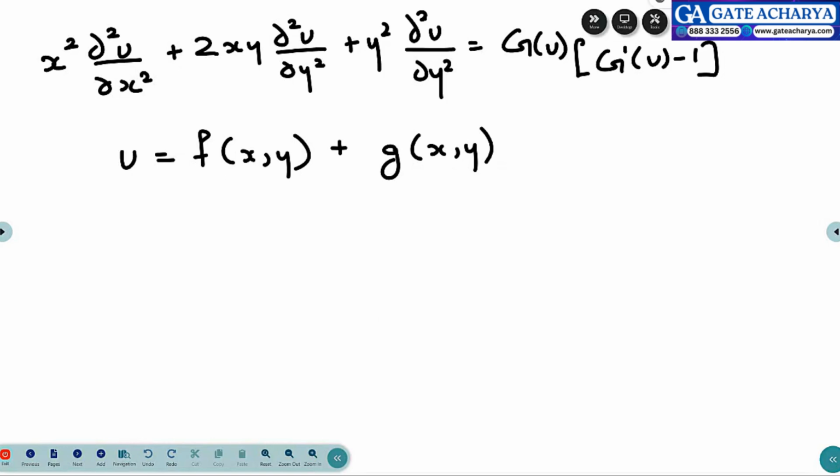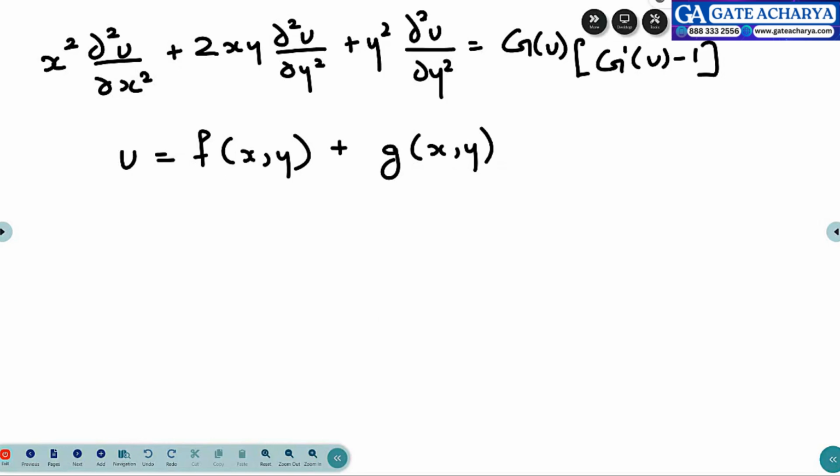One is f of x comma y, the other is g of x comma y, where f and g are two separate homogeneous functions of degrees m comma n.